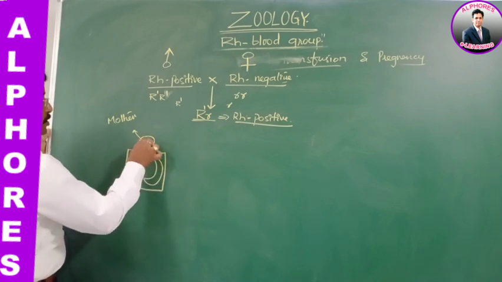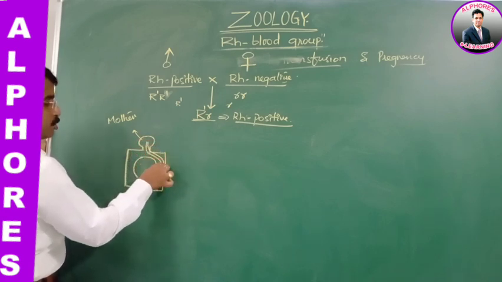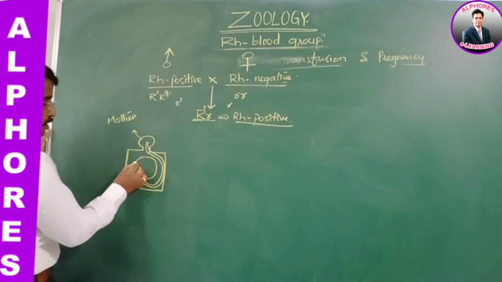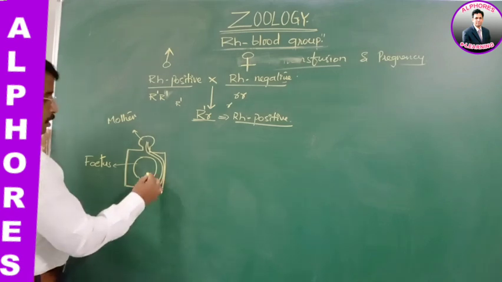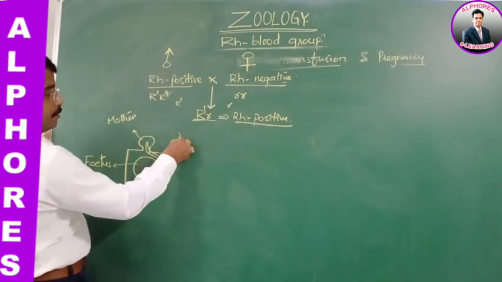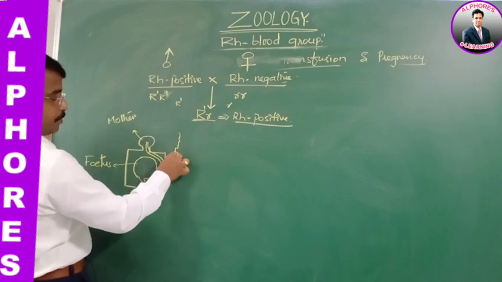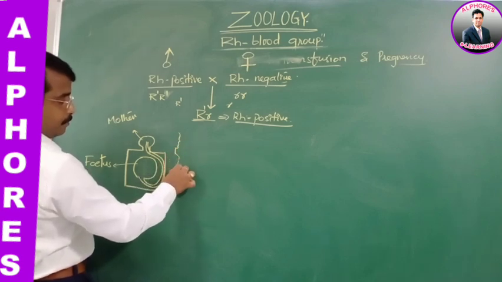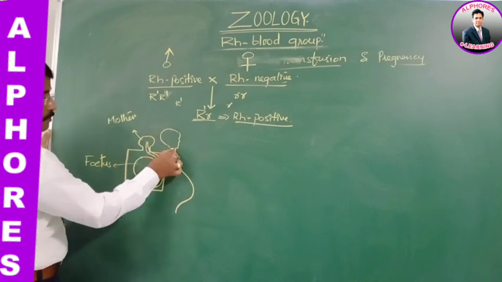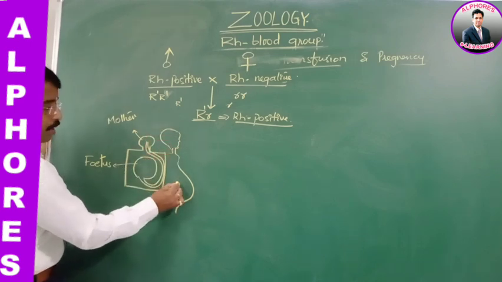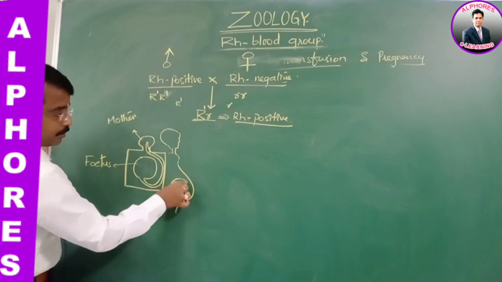The fetus is connected to the mother by means of the placenta. This is the fetus, where the baby is growing.